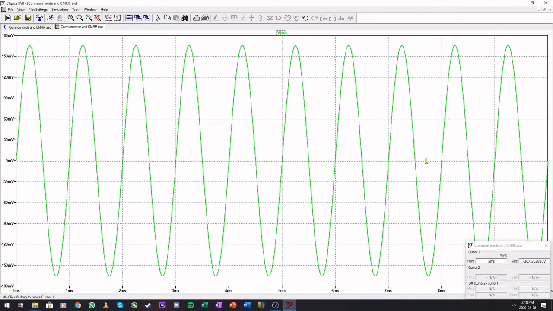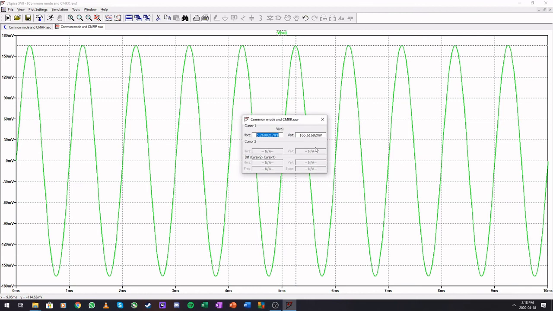Where is this cursor? Here. 166, and here we have it, 165. Okay, so the first case is not the worst case. That's where we minimize the values. So it works out perfectly.